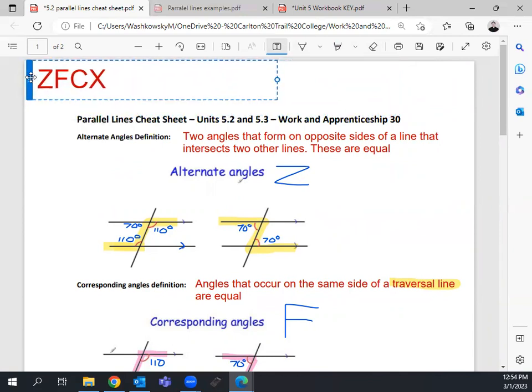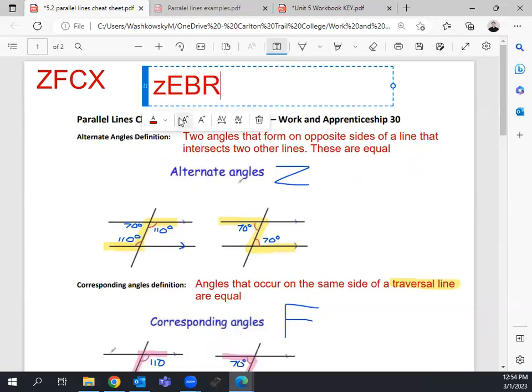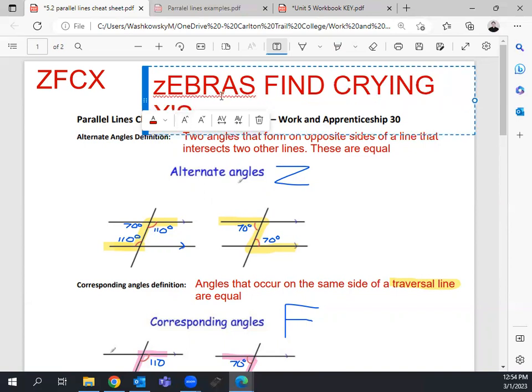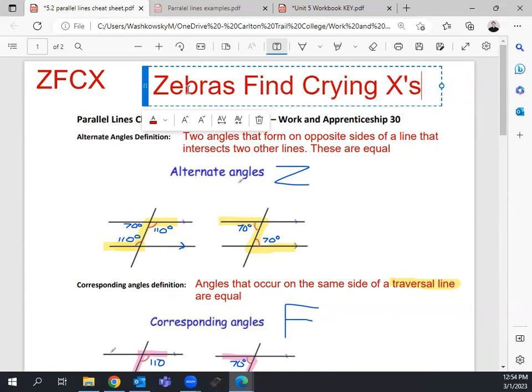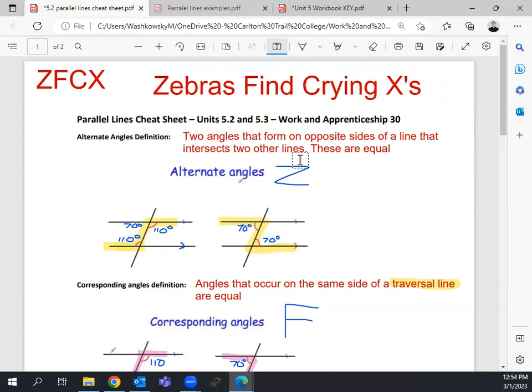So what's an easy way you can remember this? Because this is a random assortment of letters. Zebras find crying X's. They found their X crying.